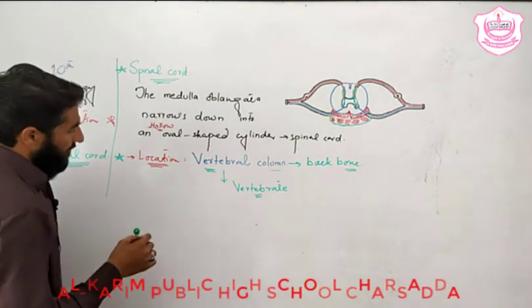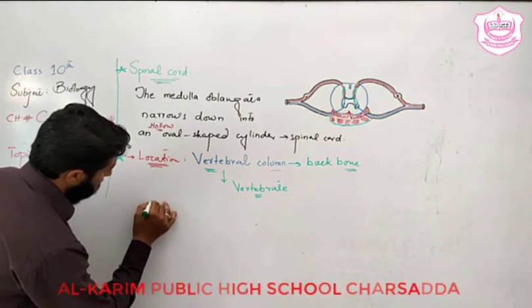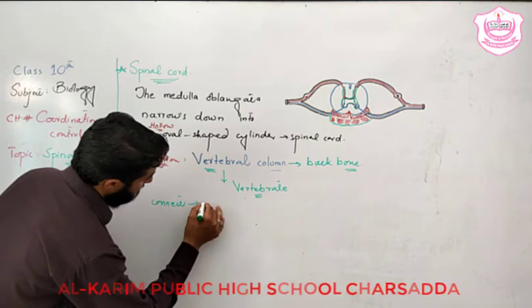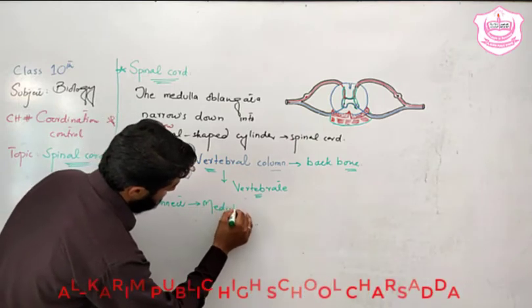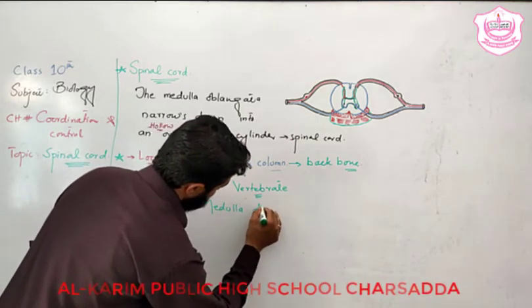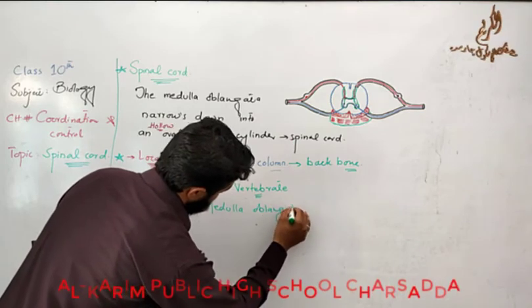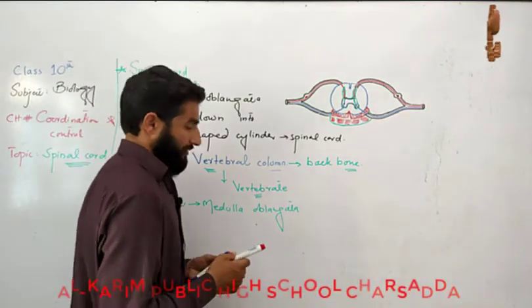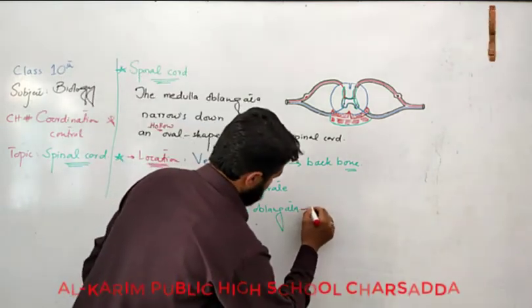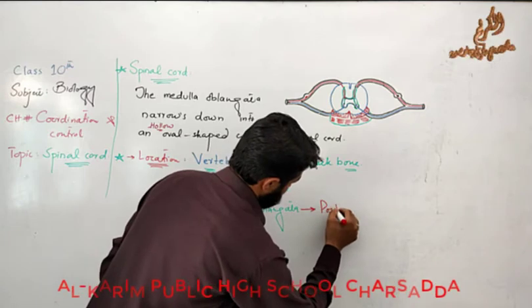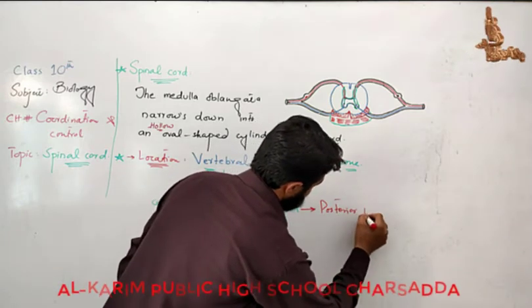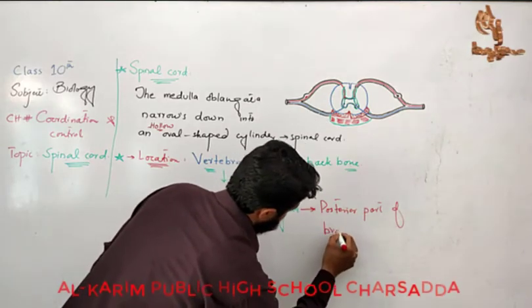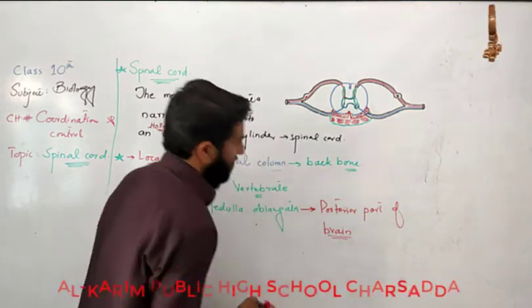The spinal cord connects with the medulla oblongata. And medulla oblongata is the posterior part of the brain. But posterior part of what?